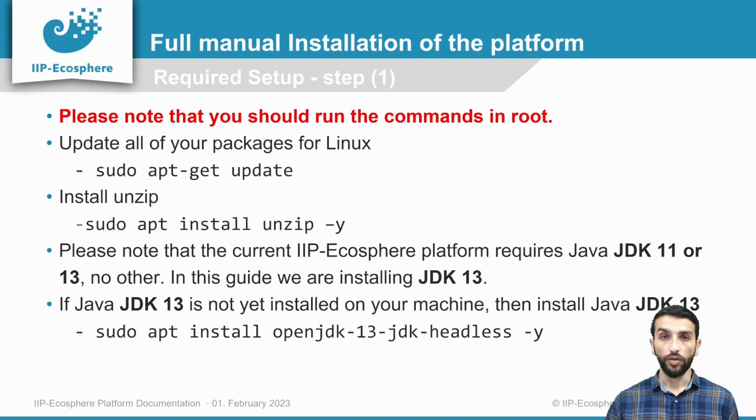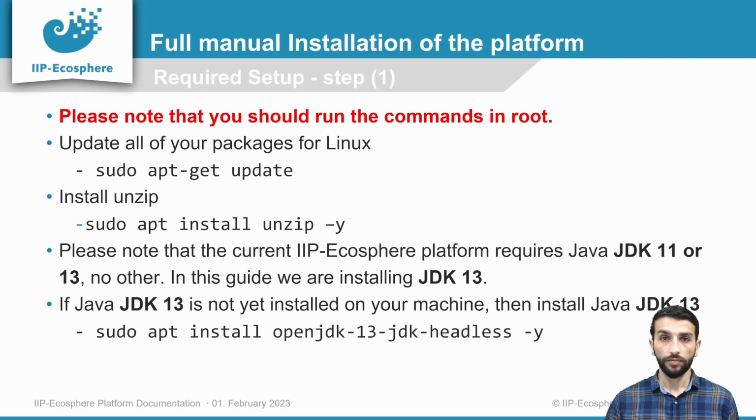In this guide, we will use JDK 13. So if you don't have Java JDK 13 in your machine, or you would like to install the exact version, please execute the following command: sudo apt install openjdk-13-jdk-headless -y.